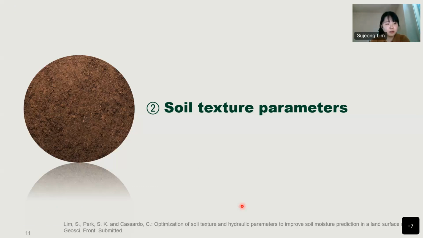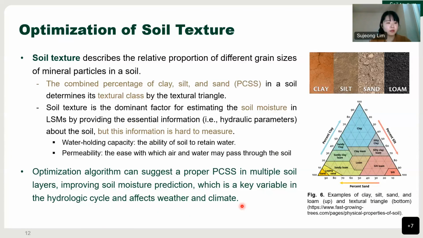And next parameter is soil texture parameter. Soil texture describes the different grain size of mineral particles, such as clay, silt, and sand. And they are determined by the combined percentage of clay, silt, and sand using a textural triangle having 12 different classes.